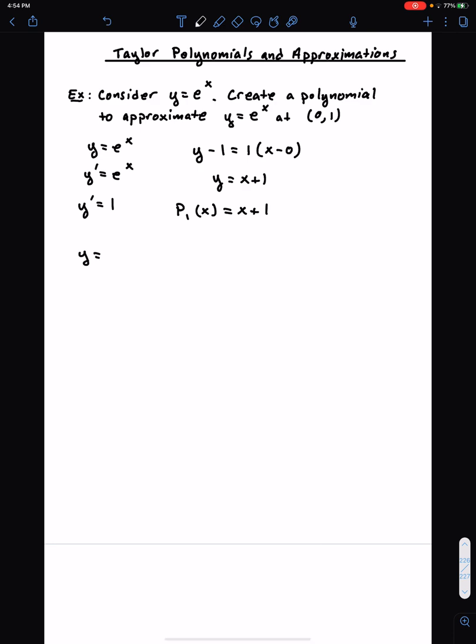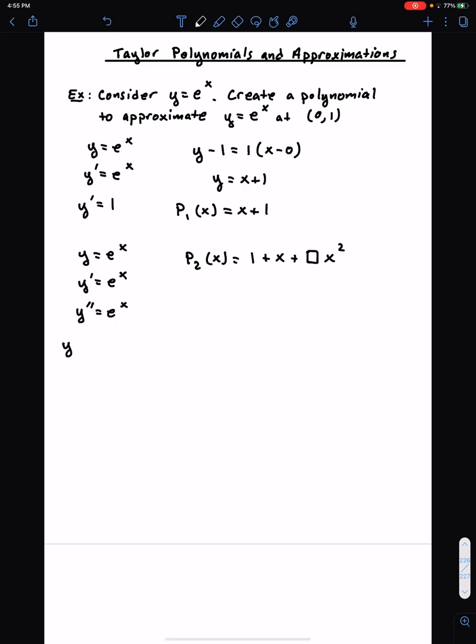So if y is equal to e to the x, y prime is also e to the x, and y double prime is e to the x. So my second degree polynomial is going to be 1 plus x plus some coefficient of x squared.